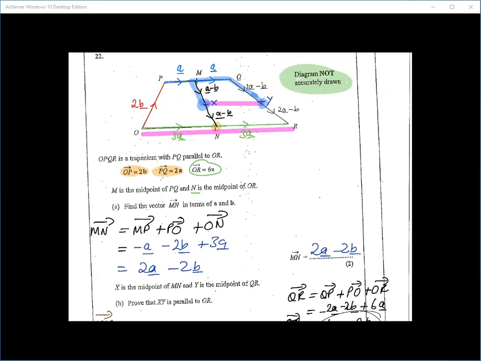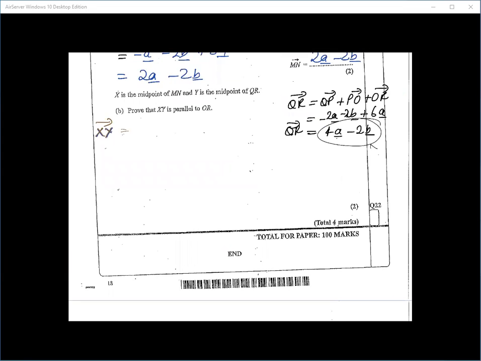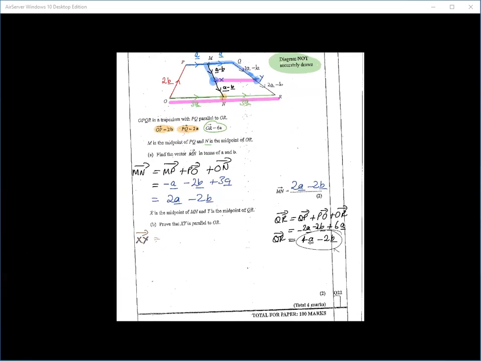So you want to go up from X to M, M to Q, Q to Y. Is that right? Let's write that down. X to Y equals X to M plus M to Q plus Q to Y. Give me the algebra now. X to M is reversing it, isn't it?